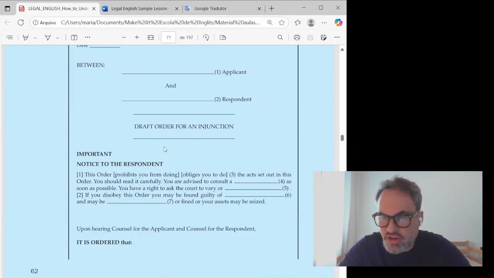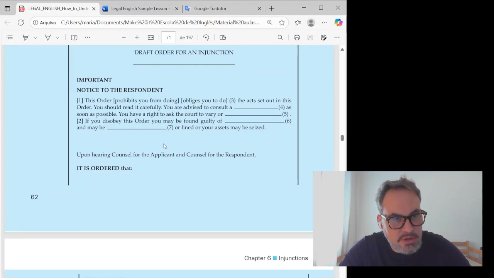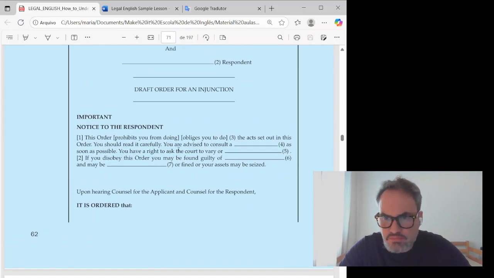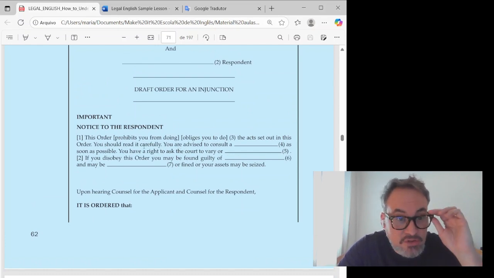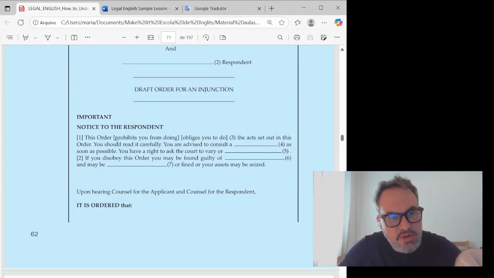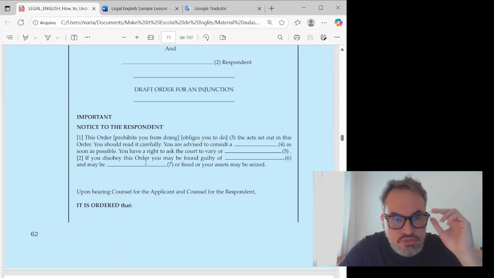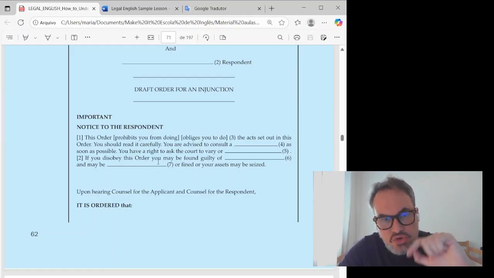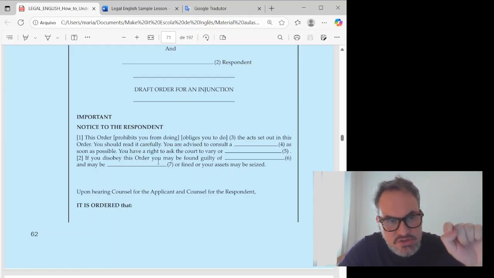Draft order for an injunction. The title. Important. Notice to the respondent. Nota ao requerido. This order. Oh, now we have to delete here. Okay. Prohibits you from doing or obliges you to do the acts set out in this order.